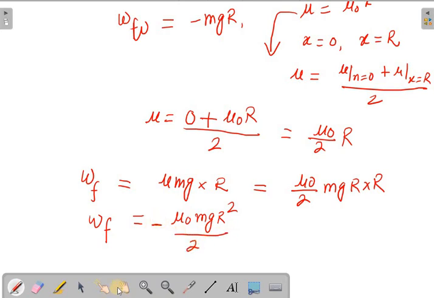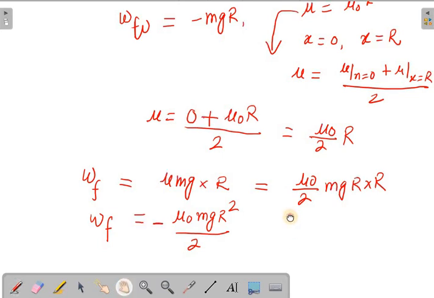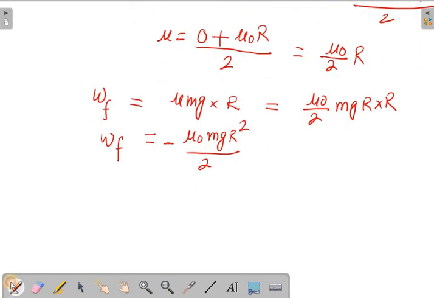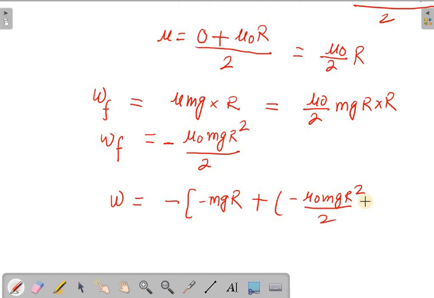Okay, hence again putting the value of these two works, W will be equal to minus of minus mgr plus minus mu naught mg r square by 2.